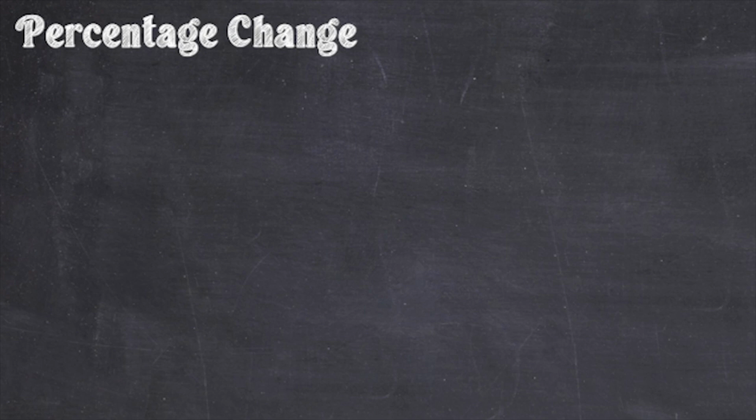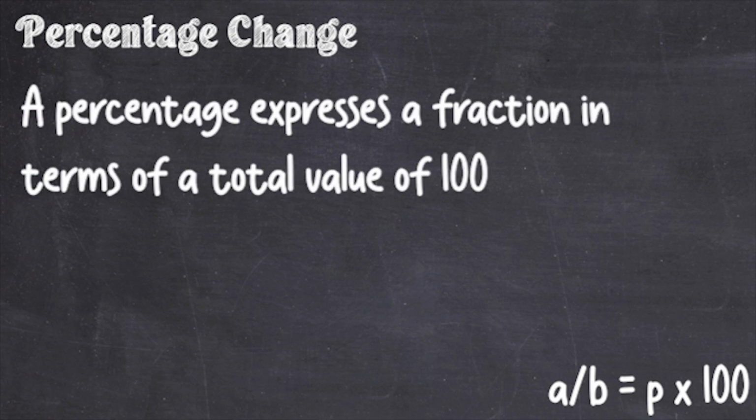The easiest way to express a fraction or ratio as a percentage is A over B equals P over 100. In any fraction or ratio, the denominator represents the total value of a quantity, and the numerator represents a part of the total. Like we learned earlier, a percentage expresses a fraction in terms of a total value of 100.